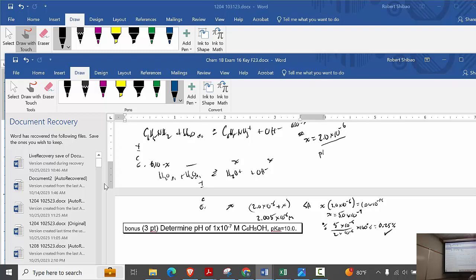So if we calculate the pH without this step, the thing is, does this change that significantly? So you could argue maybe it does, you know, 2.0 versus 2.005, or maybe it doesn't. So if we do the pH, let's take a look at the pH here. So we'll calculate the log of 2 times 10 to the minus 6. This would be the pOH.